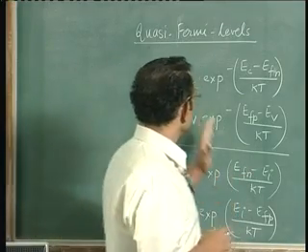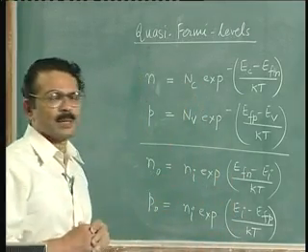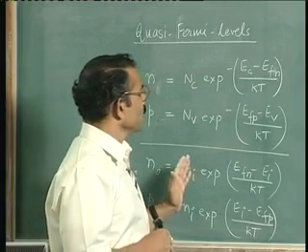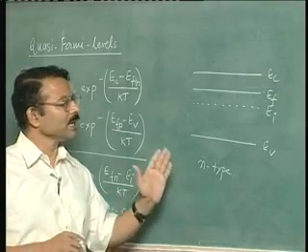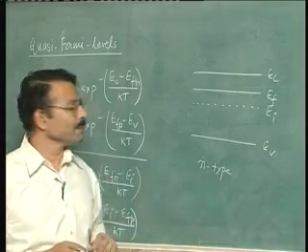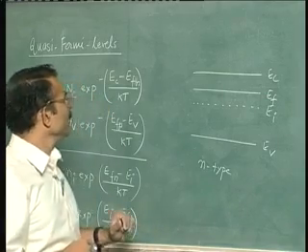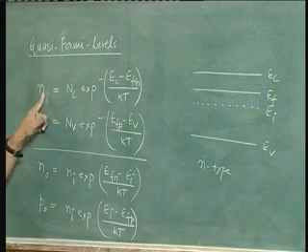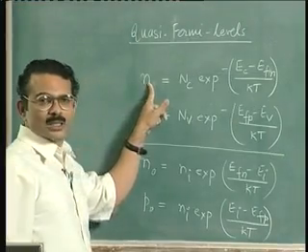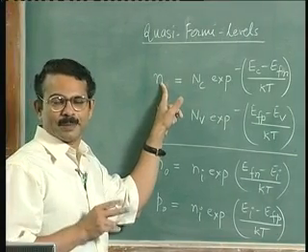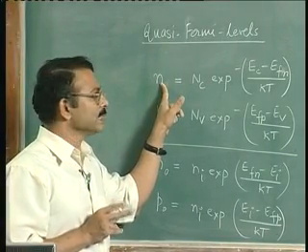Now before leaving this concept of quasi-Fermi level, let us see what the quasi-Fermi level picture is under low injection level and under high injection level. So under low injection level, we will be assuming an n-type semiconductor in this example.